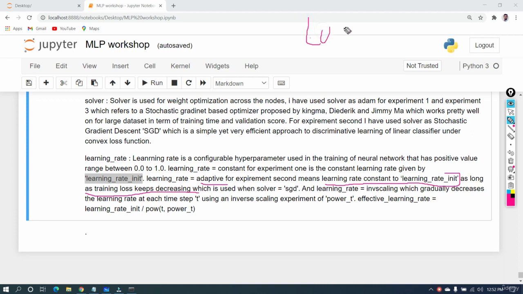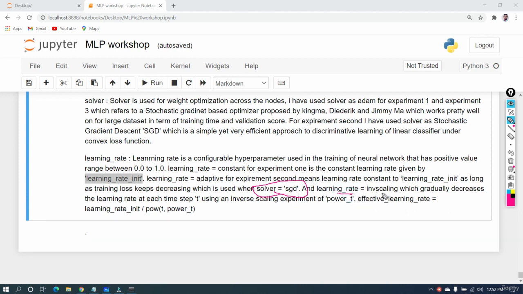Loss is nothing but an error, and we don't want error in our program, so we need to decrease this loss. Whenever the loss is decreasing, we use the same constant learning rate. But whenever the loss is not decreasing, we make an adaptation in the learning rate. That was used with this solver, stochastic gradient descent.